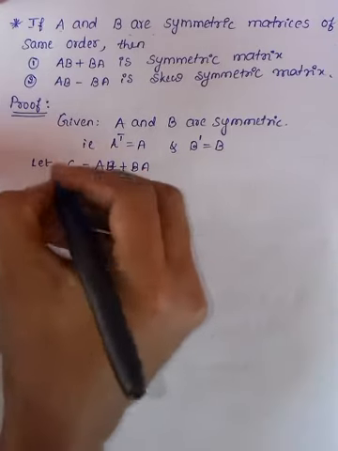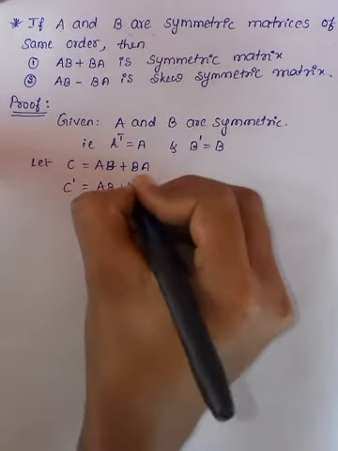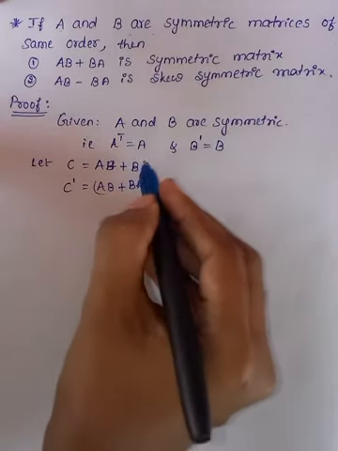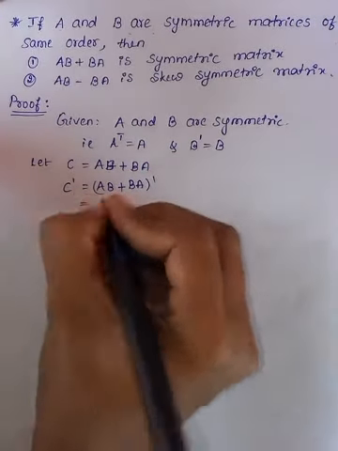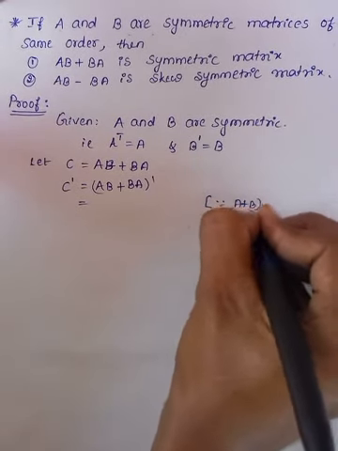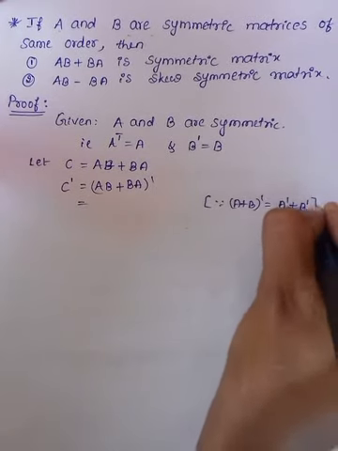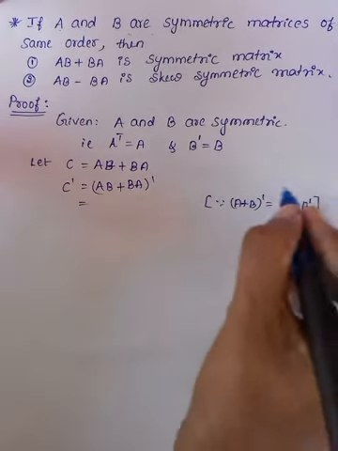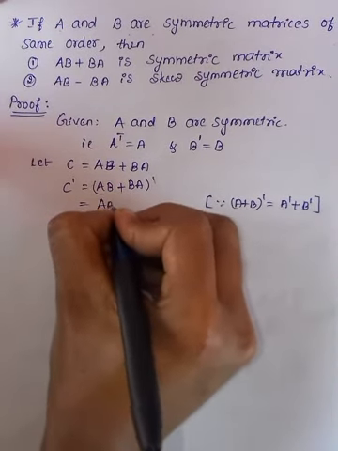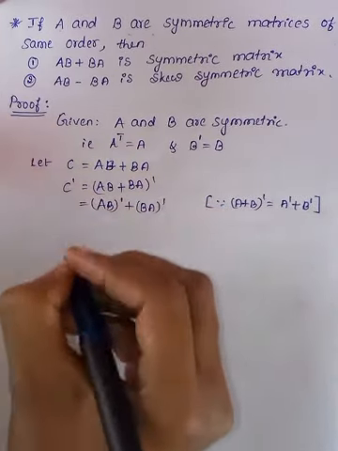To prove this, take a transpose on both sides. We know that (A plus B) whole transpose equals A transpose plus B transpose. Apply this property here: (AB) whole transpose plus (BA) whole transpose.